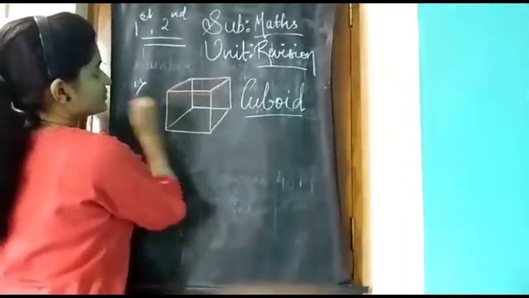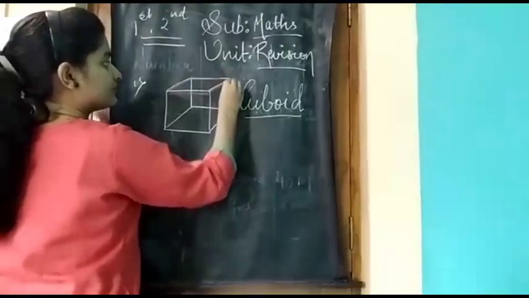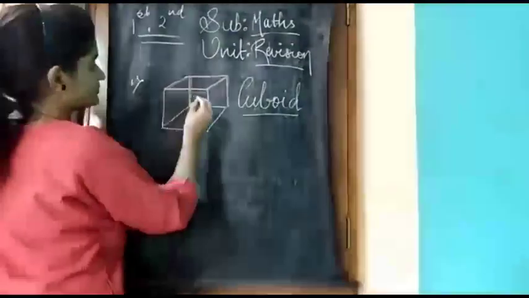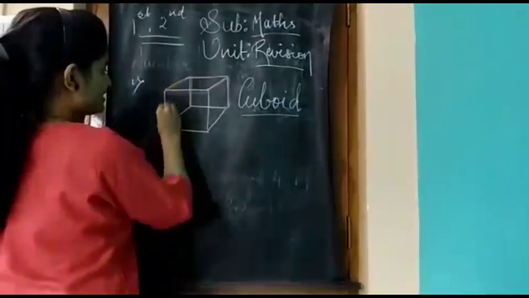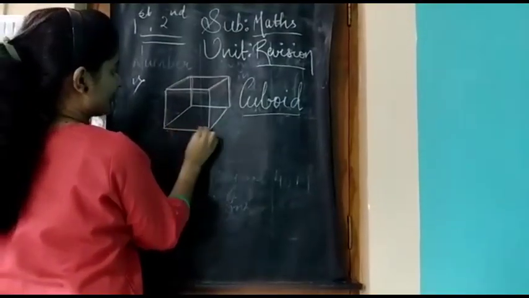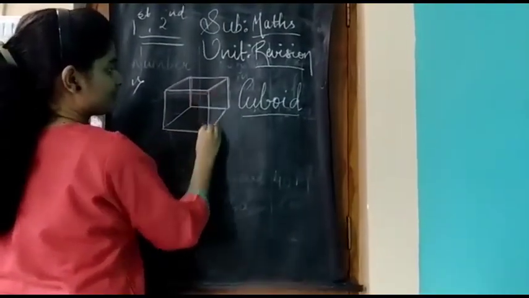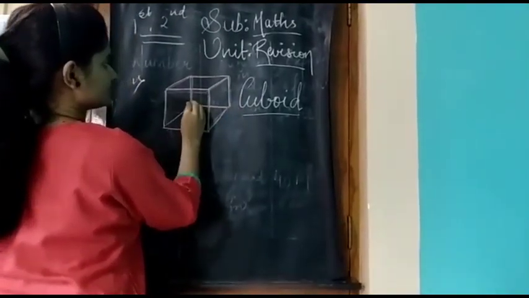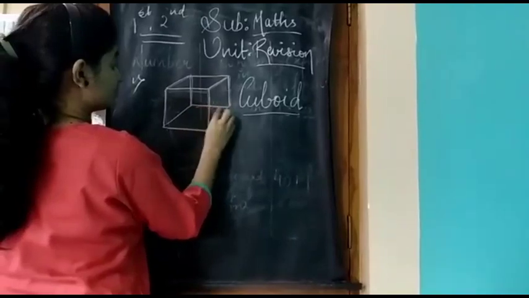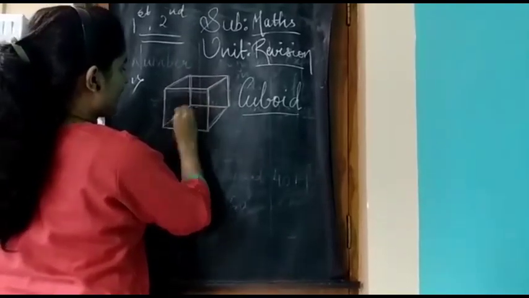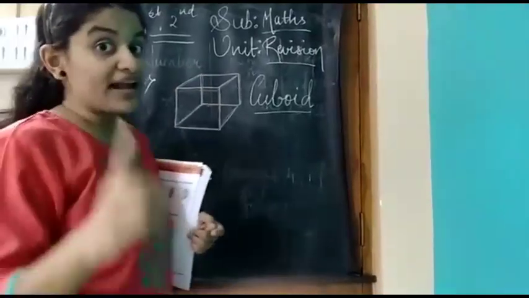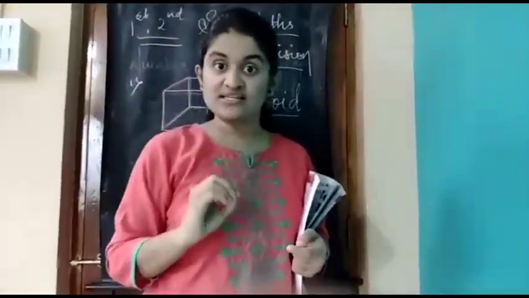This is fourth, fifth, sixth edge, seventh edge, eighth edge, ninth edge, 10th edge, 11 and 12. So students, a cuboid has 12 edges.